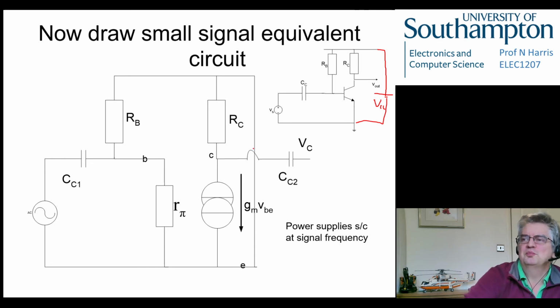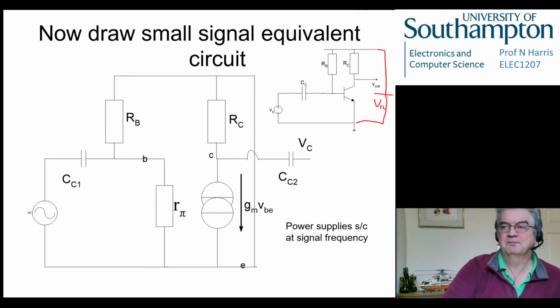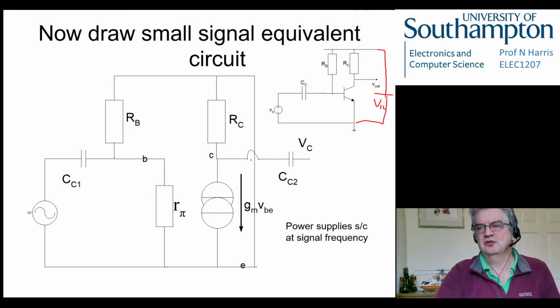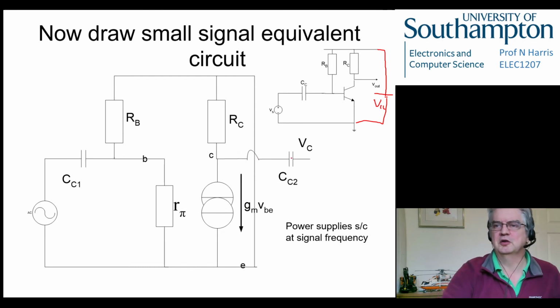So if we want to suppress this DC source because we're only interested in this AC source, we replace this with a short circuit. And this is the short circuit as drawn in. So we suppress the voltage source with a short circuit and draw it like that. And this is a little loop to show they're not connected. So that's just a wire going over the top.